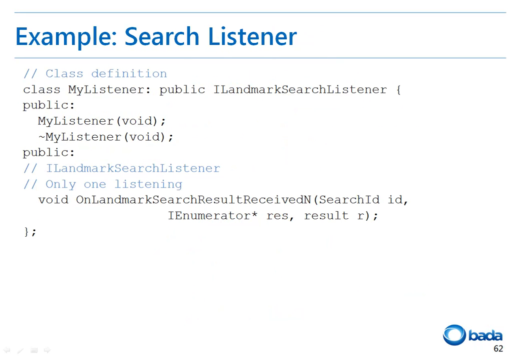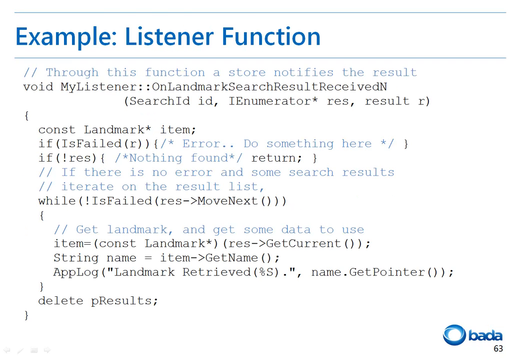If any landmarks are found, the onLandmarkSearchResultReceivedN function of the iLandmarkSearchListener object is called. The iEnumerator parameter is used to access the found landmarks sequentially. In this sample code, if the result is fail, the corresponding operation is performed.